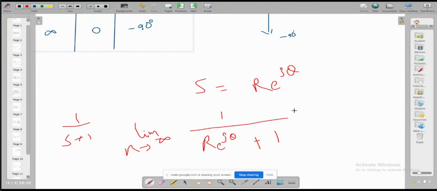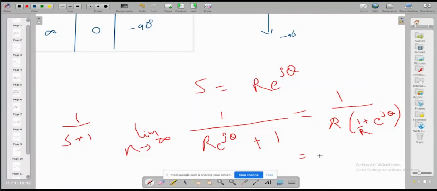So that will be 1 divided by infinity, or I can say 1 divided by r, if I take r common, into 1 divided by r plus e to the power j theta. This much is correct? Yes or no?